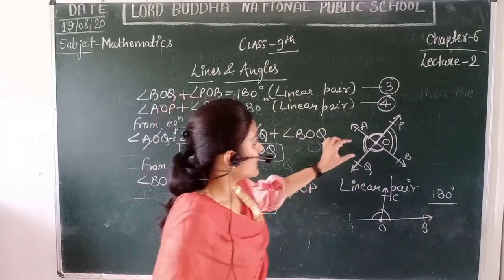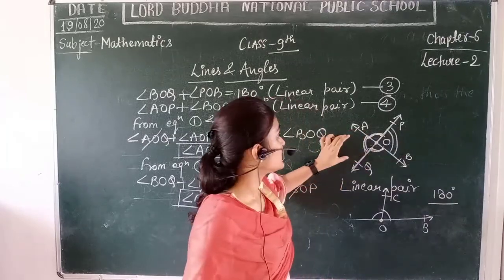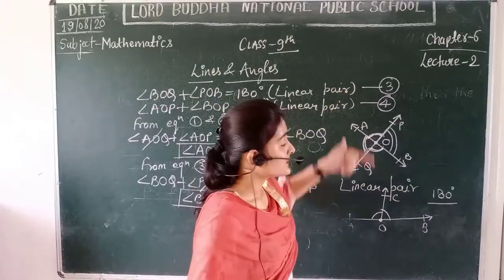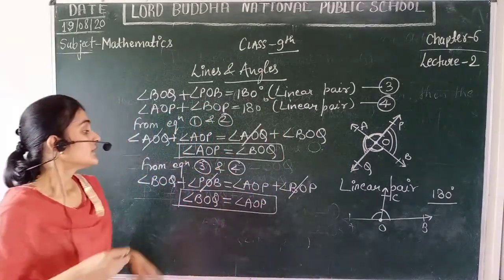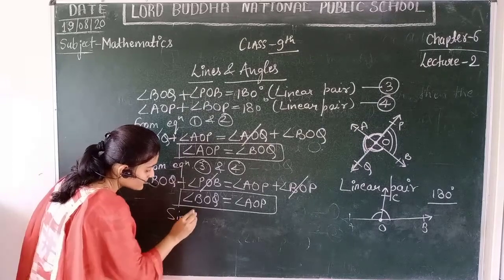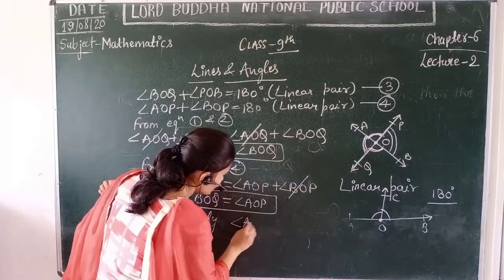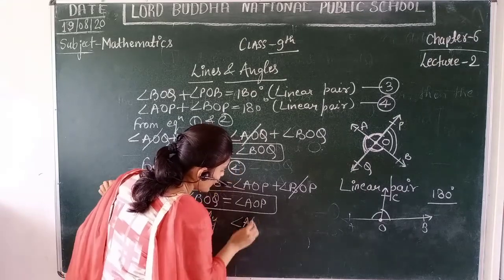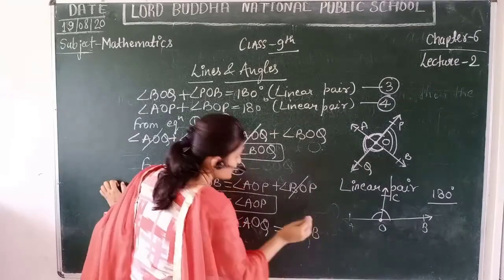Similarly, you can get another result, that is AOQ equal to POB, when you take equations 2 and 3 together, or 1 and 4 together. Okay? So this is the proof of your first theorem, and you will write similarly angle AOQ equals angle POB.